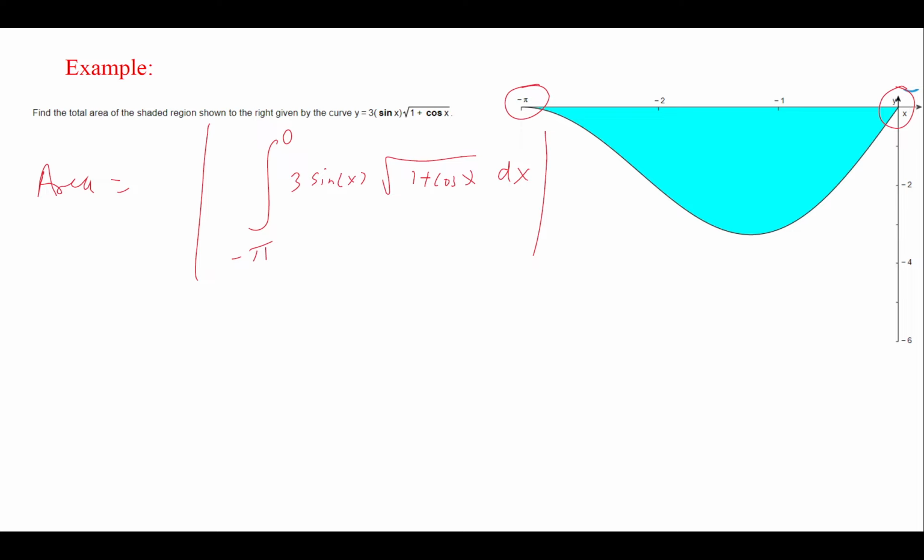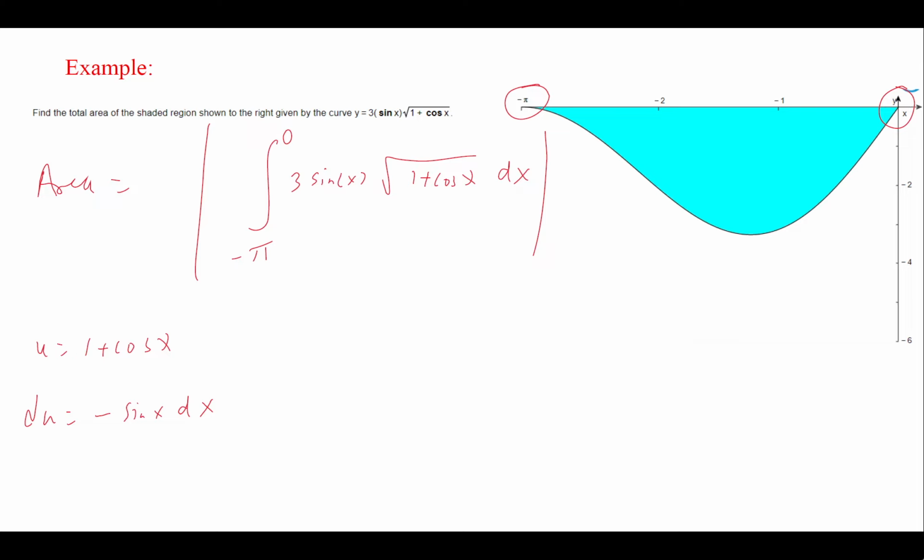So our goal is to find the integration of this part, which we can do by using the substitution method. So we are going to substitute for this inner function 1 plus cosine x. Let's say u equal 1 plus cosine x, then du would be the derivative of 1 is 0, the derivative of cosine x is negative sine x dx.